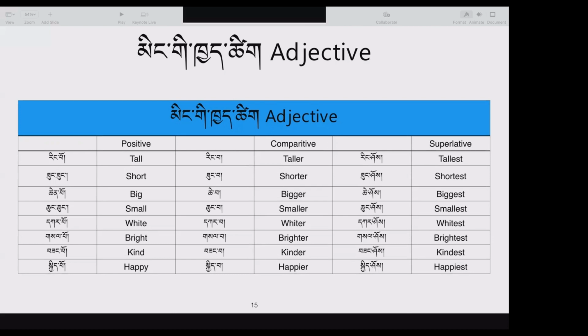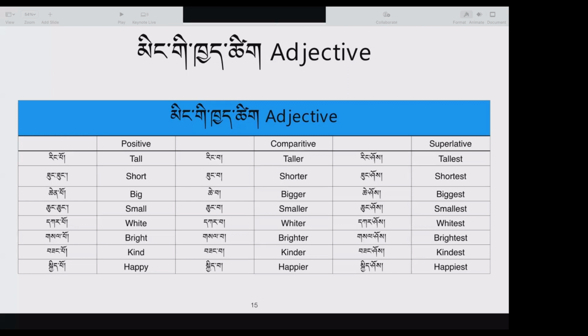Tungwa, shorter. Tungshu, shortest. Qianpo, big. Qiewa, bigger. Qieshu, biggest. Chungchung, small. Chungwa, smaller. Chungshu, smallest.